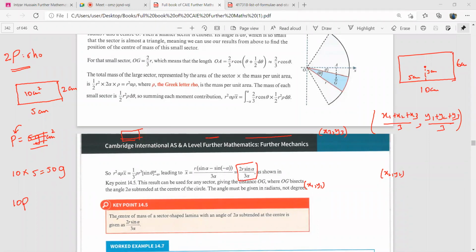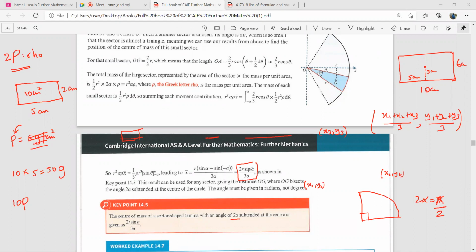Look at this, the center of mass of a sector shaped lamina with angle 2 alpha. Whatever the angle is given to you, you will assume that to be 2 alpha. For example, if there is a quadrant like this, 2 alpha is 90 degrees, or we should keep that in radians here, so 2 alpha is pi by 2.